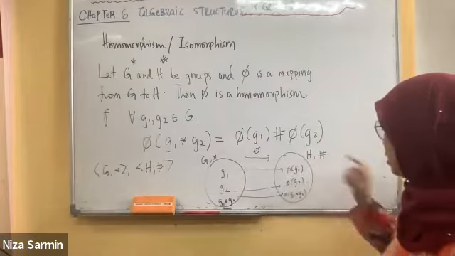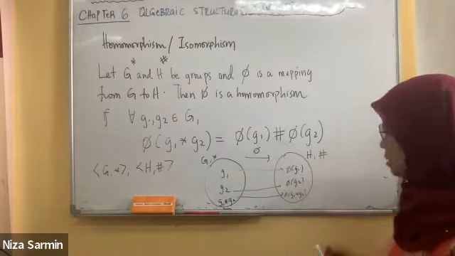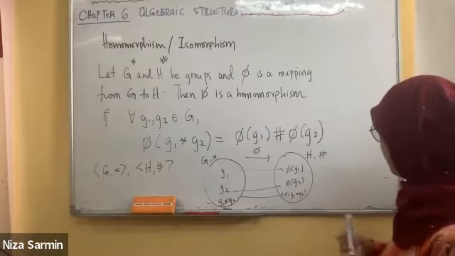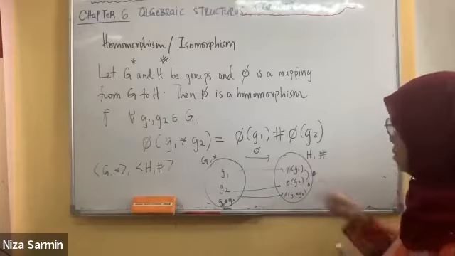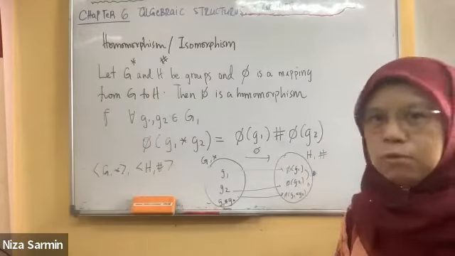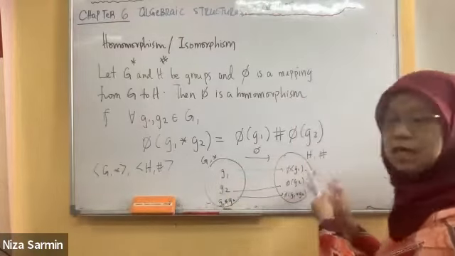That's why the homomorphism says this is this times this. You move from the G part to the H part.